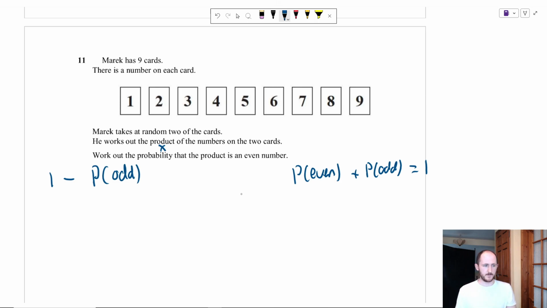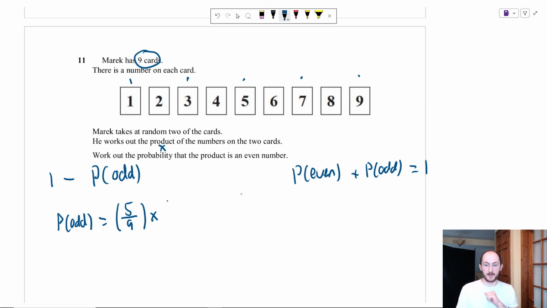Okay? So, what's the probability of getting an odd? The only way to get an odd number is to multiply two odd numbers together. So the probability of getting odd, all we do is count how many odd numbers we have. We have 1, 2, 3, 4, 5. So that would be 5 out of a total of 9 cards.